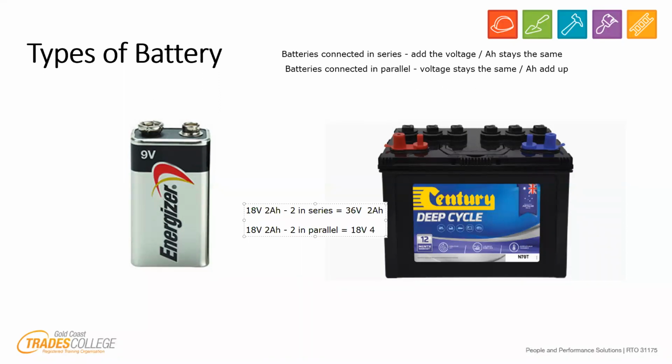Well, I've doubled my capacity now, double the length of time it's going to last. So it's going to give me 4 amp hours. So that means if I want to get more voltage out of my batteries and more current, I'm going to have to use a series and parallel combination to get that.